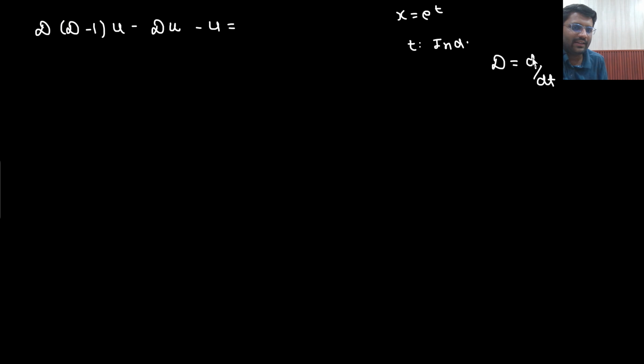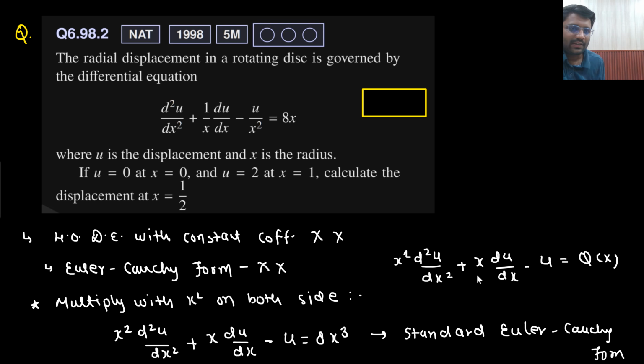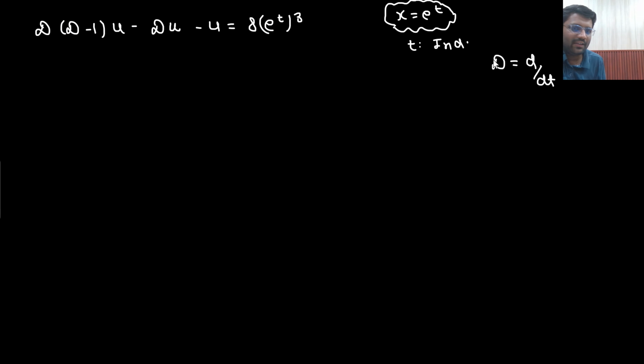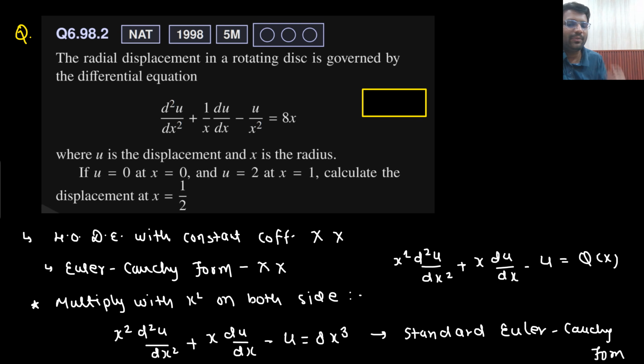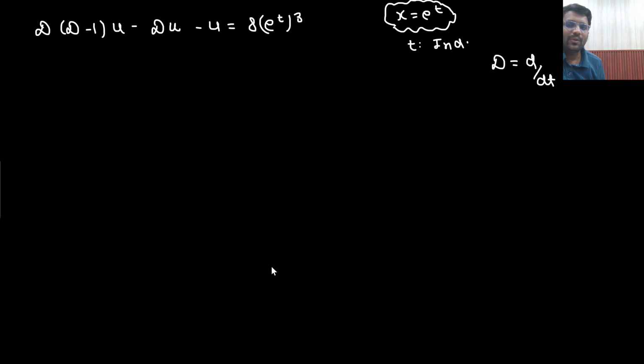No sir, if my d is d by dt, so here what will I put? x is e to the power t, so I will put e to the power t whole cube. Are you able to understand this point? I will replace x. Why am I replacing x? Because now my d variable has become d by dt, so everything would be in terms of t only. I will solve the whole equation in terms of t, then I will replace again. Are you able to understand this point?